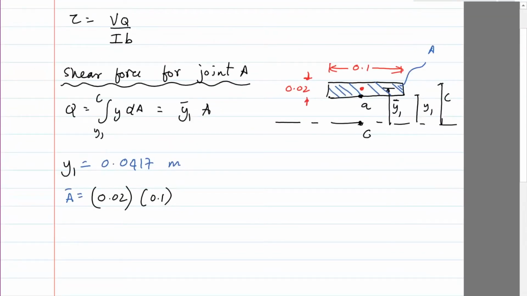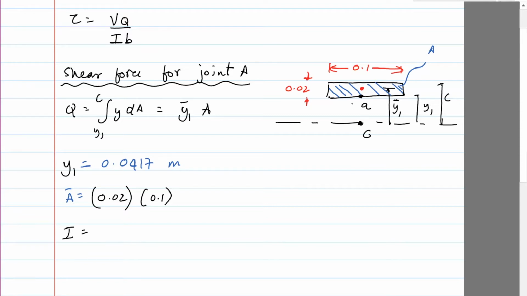Now we need to figure out the inertia. So inertia for this section is something which we will give you. Hold on. So the inertia for this thing, you will actually have to find it about this axis.